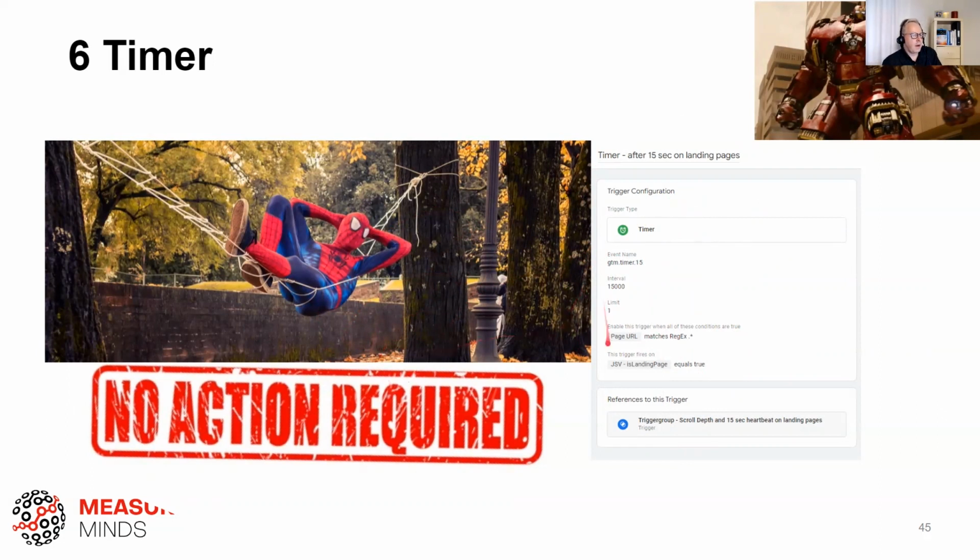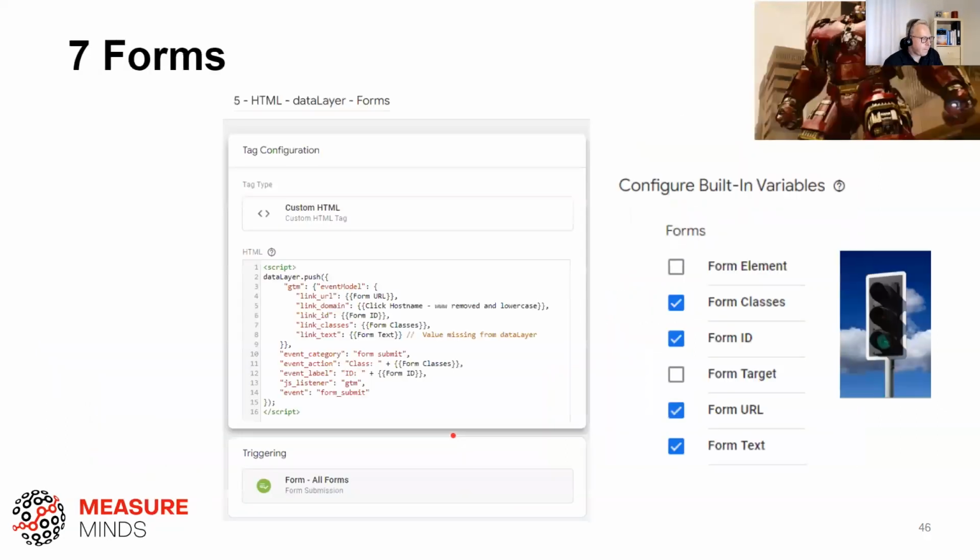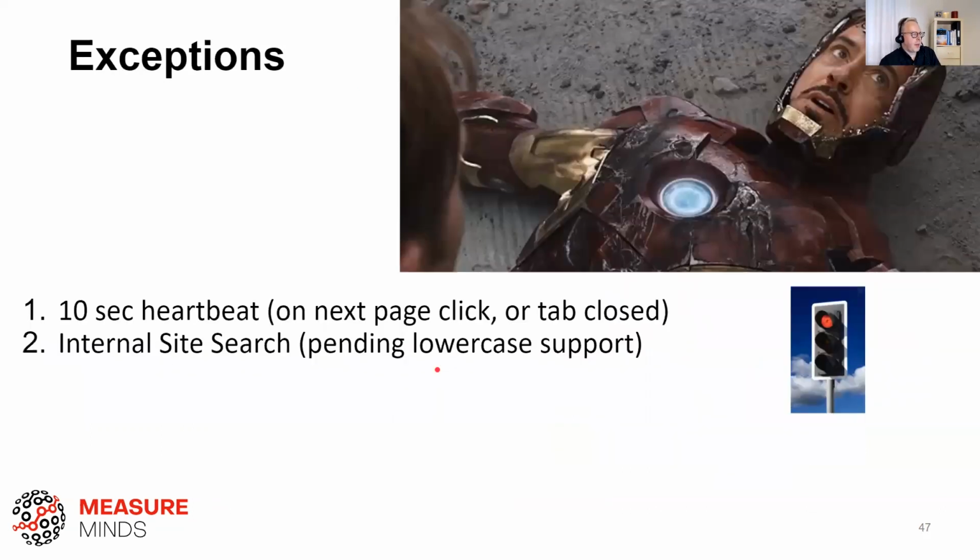So we can't turn it off, thus we don't need to send it via GTM. With forms, we've got the form submit listener. Obviously, GTM doesn't have a form start listener, which is probably the only thing that GA4 does, but everything else we get exposed in here. Just to note, the 10-second heartbeat is not exposed in the data layer, so we have to leave that one as an exception.